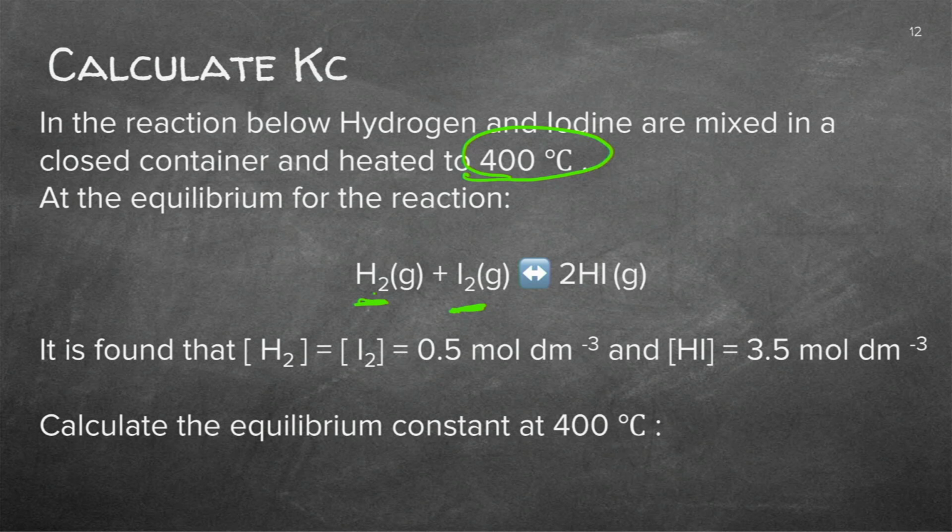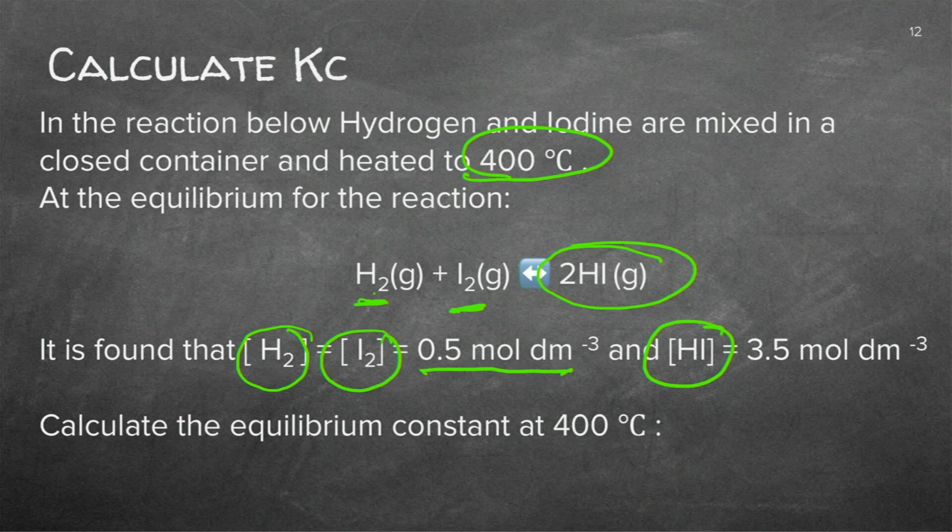So the hydrogen and the iodine forms hydrogen iodide, and when it was at equilibrium, it was found that the concentration of the 2 reactants is that value, and they've got the same value, and the product is 3.5. They want us to calculate the equilibrium constant.